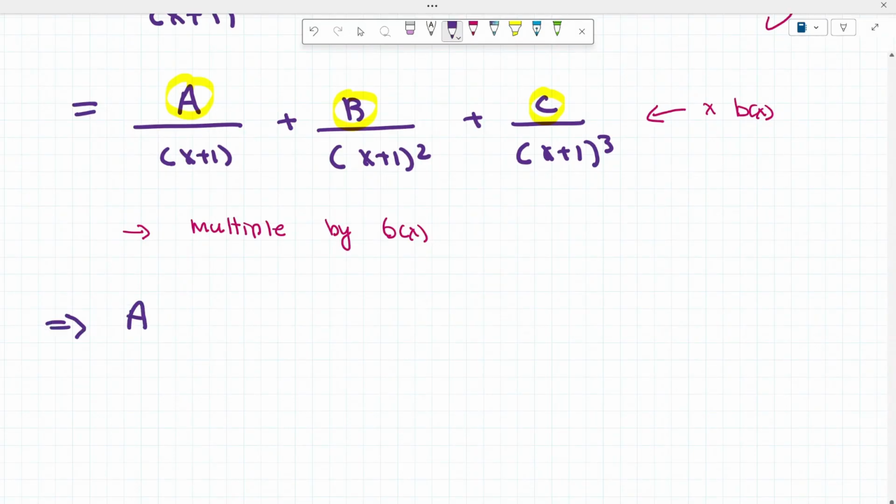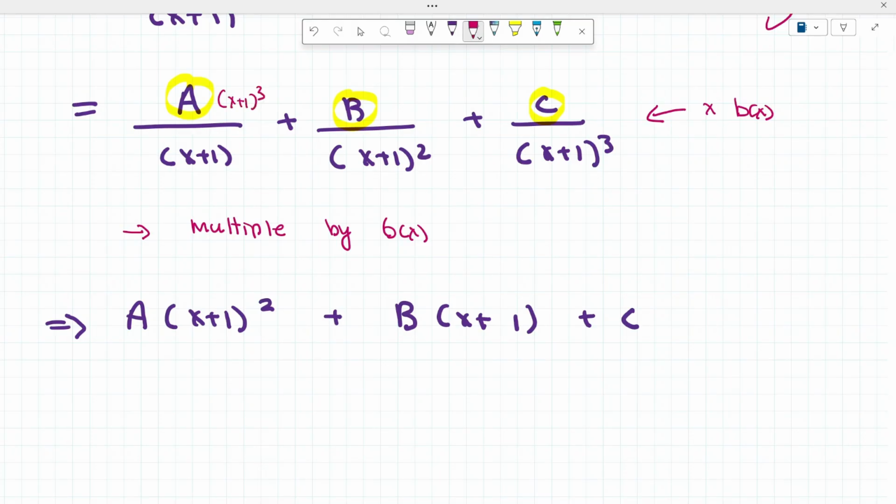We end up with A times (x plus 1) squared plus B times (x plus 1) plus C. Essentially, we're multiplying (x plus 1) cubed by each term. Here this cancels out and becomes a 2, this cancels out and becomes a 1, and this fully cancels out, and we're left with C.